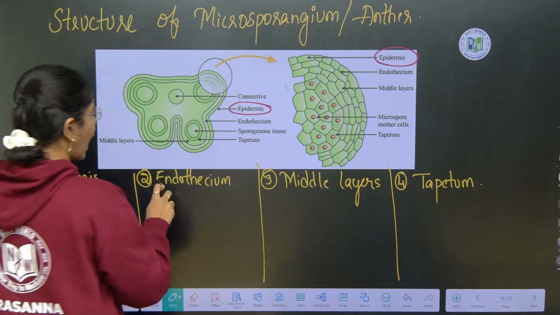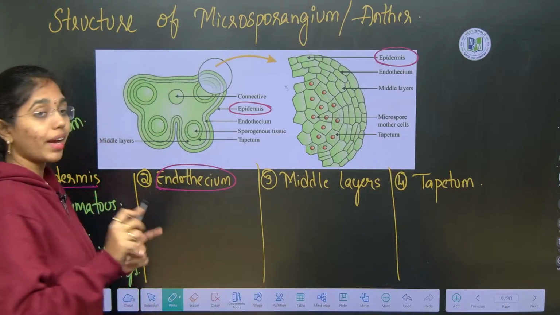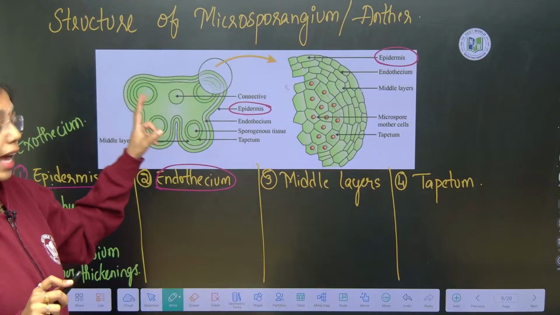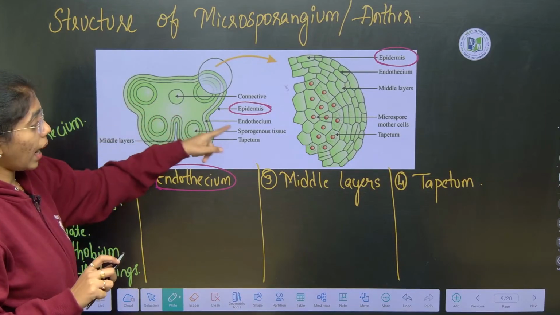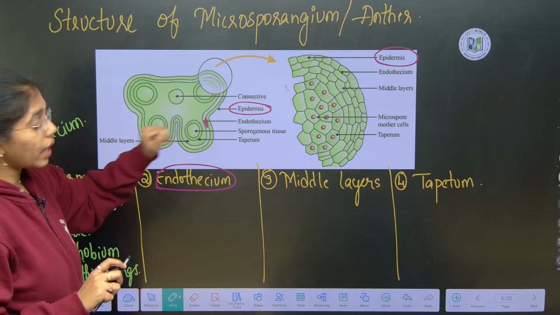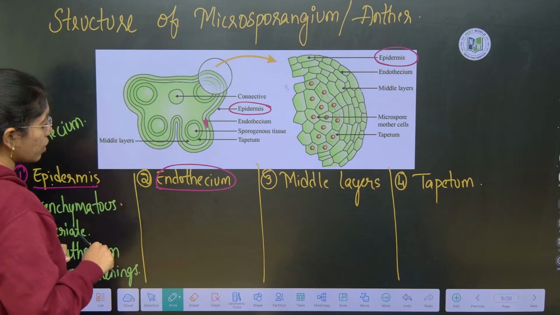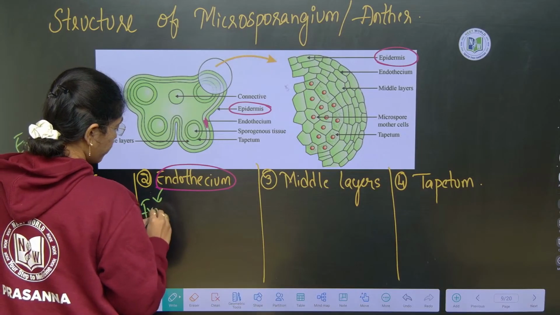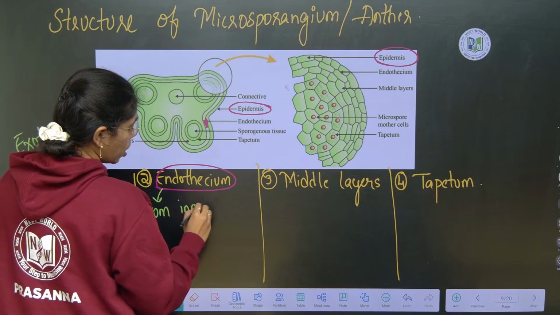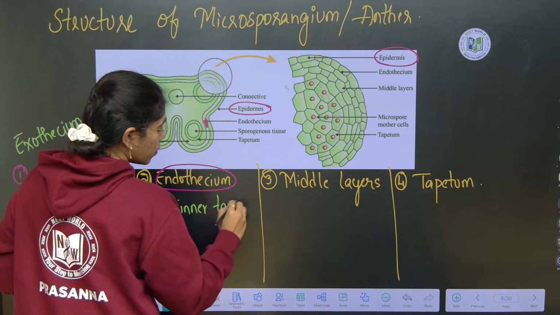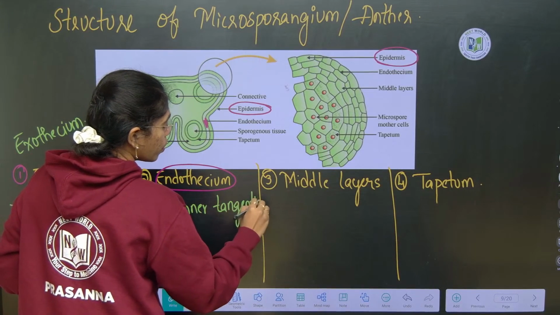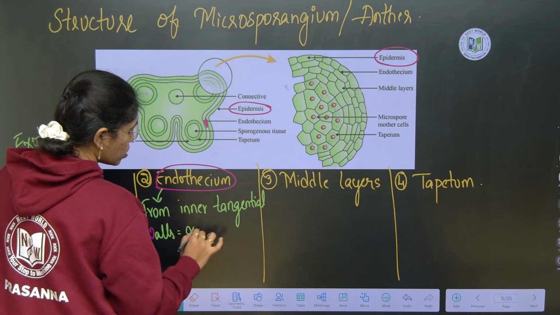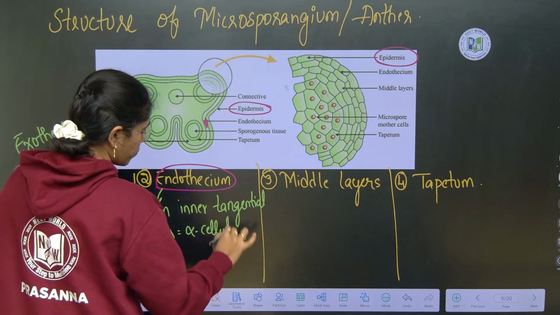Endothecium will have alpha cellulosic fibrous thickenings arising from the inner tangential walls.